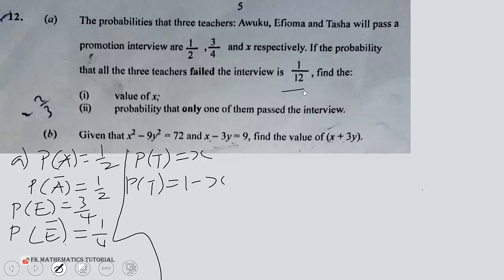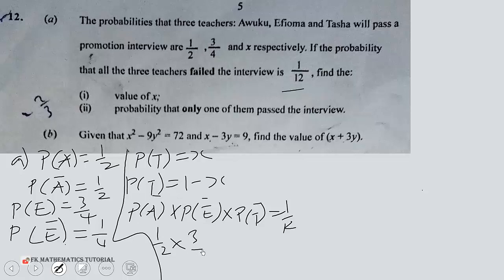So when all failed, we have probability of A prime times E prime times T prime is equal to 1 over 12. So we fix in the values, 1 over 2 times 3 over 4. E prime is 1 over 4. 1 over 4 times 1 minus X is equal to 1 over 12.